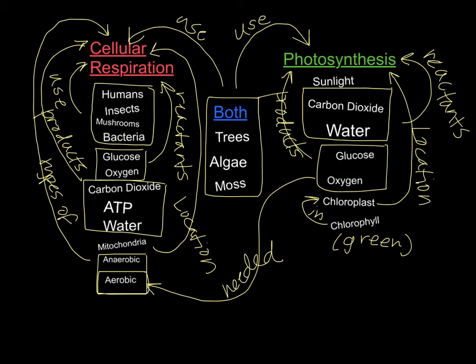Some other connections. Glucose is the food for all of the organisms at the top of the respiration group, the humans, the insects, the mushrooms, the bacteria. So I'm going to draw an arrow from glucose over here to this box, and I'm going to write food.